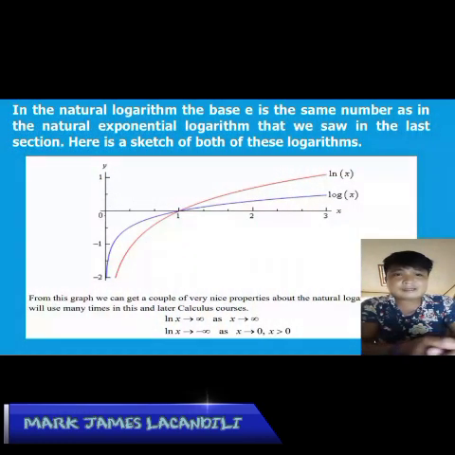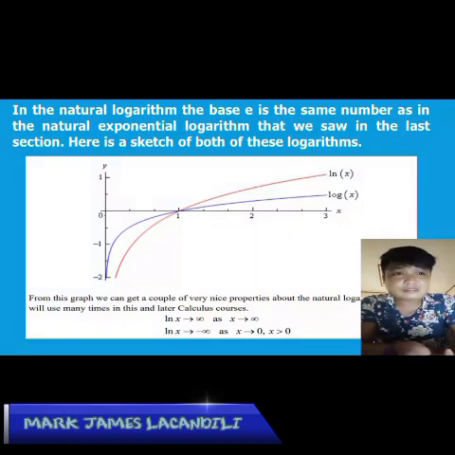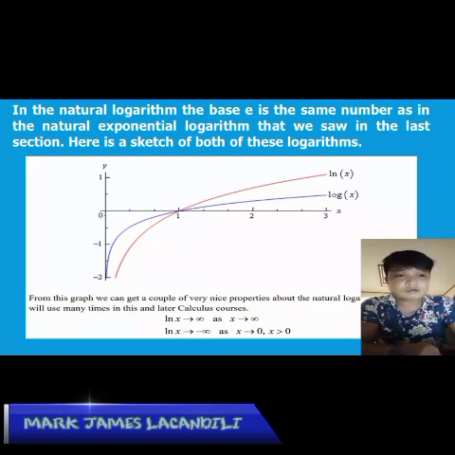In the natural logarithm, the base e is the same number as in the natural exponential function that we saw in the last section. Here is a sketch of both of these logarithms. From this graph, we can get a couple of very nice properties about the natural logarithm that we will use many times in this and later calculus courses.